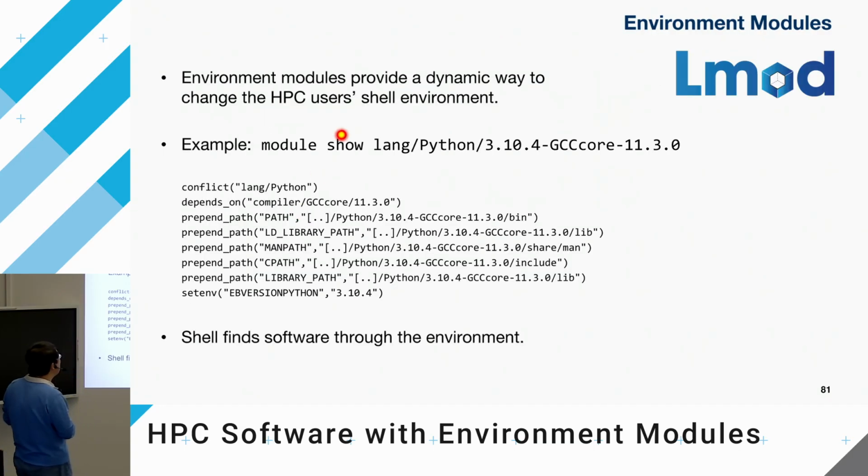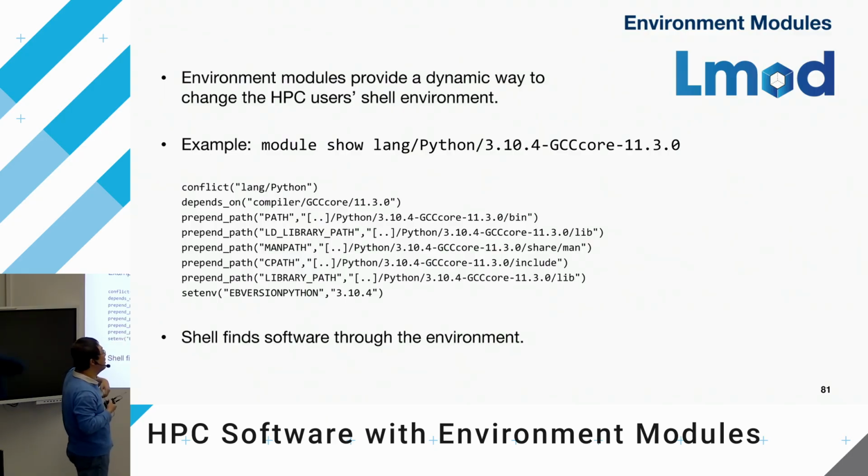At PC2, we use the environment modules by Lmod, so that we install those software on our system, and then you can use the module command to look at the details about the installed software.